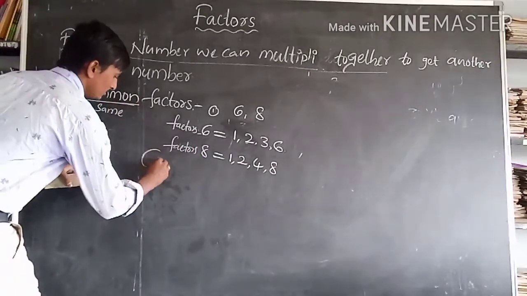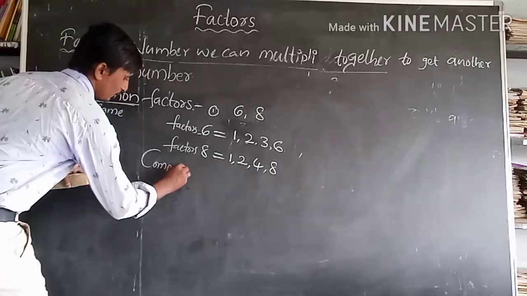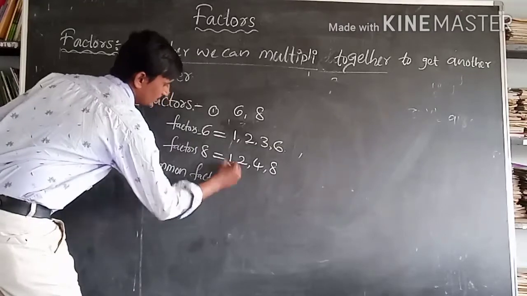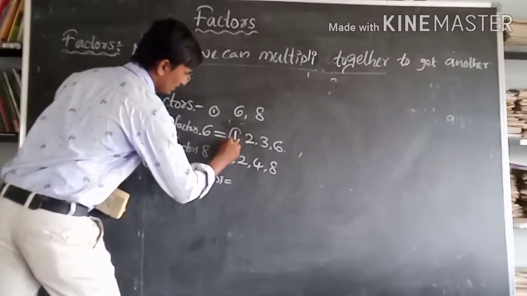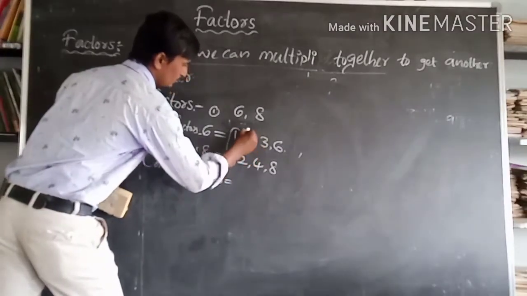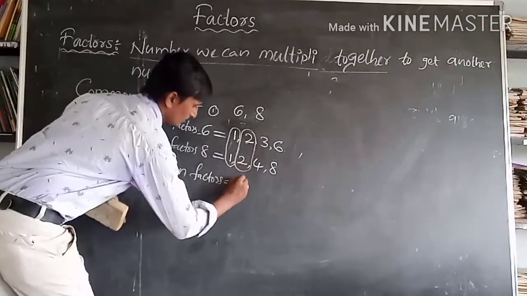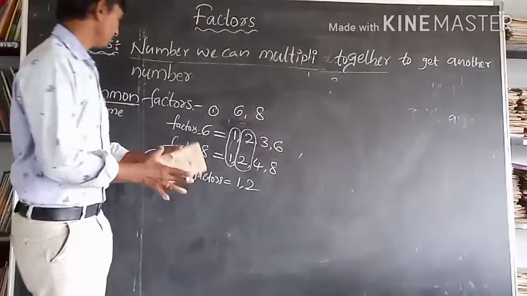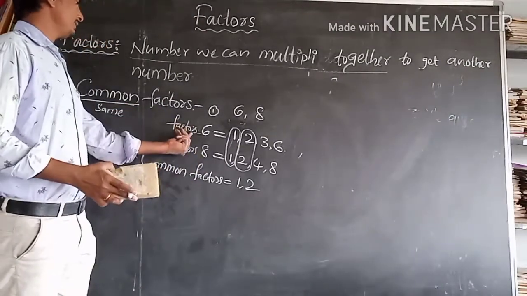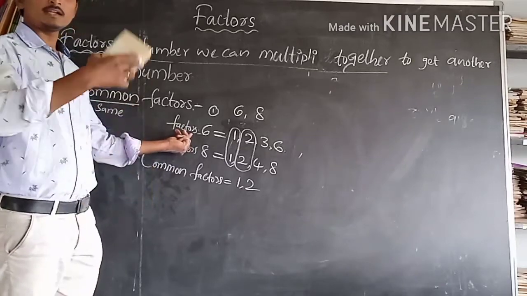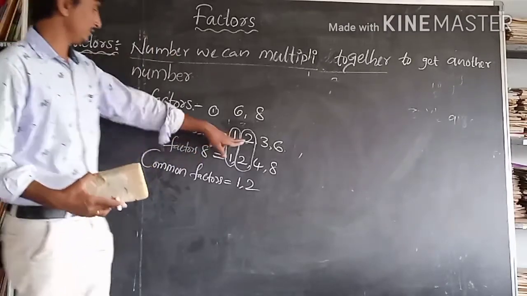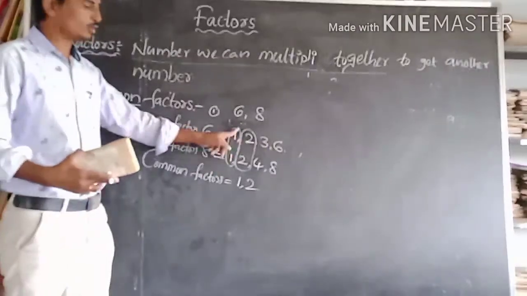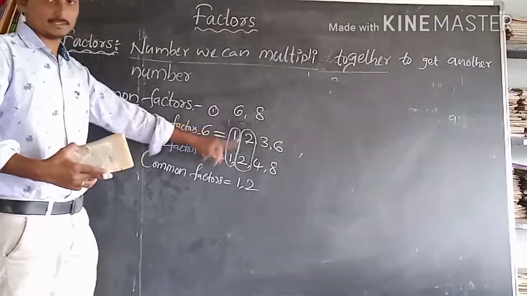Common means same. Now find the common factors of these two numbers. 1 is common and 2 is common. Will one more come? No chance. So factors mean how many times a number will come in 6. The common factors are the numbers that are the same in both lists of factors.